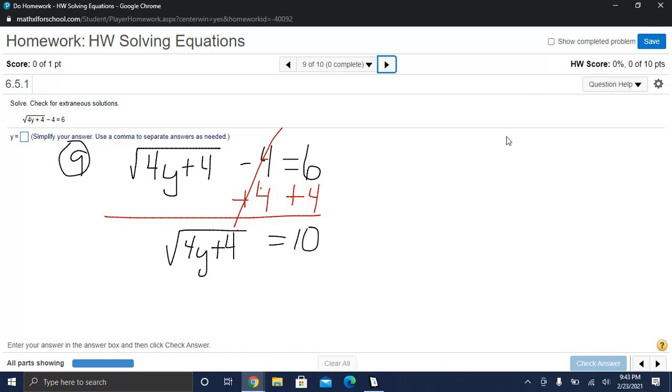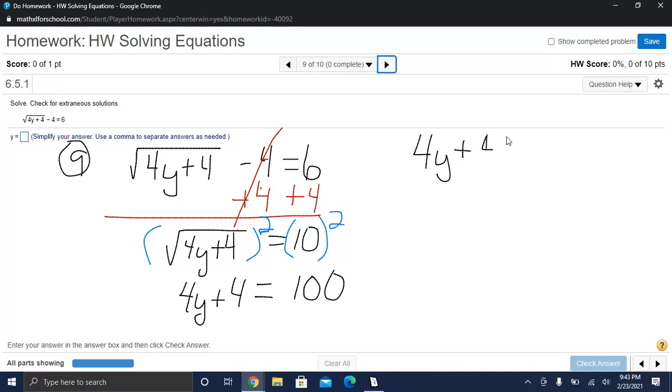Then to remove the square root, I raise each side to the second power, or in other words, square both sides. So squaring gets rid of the square root, so I'll have 4y plus 4 equals, and then on the other side, 10 to the second power is 10 times 10, which is 100. Now I'm ready to solve my equation.